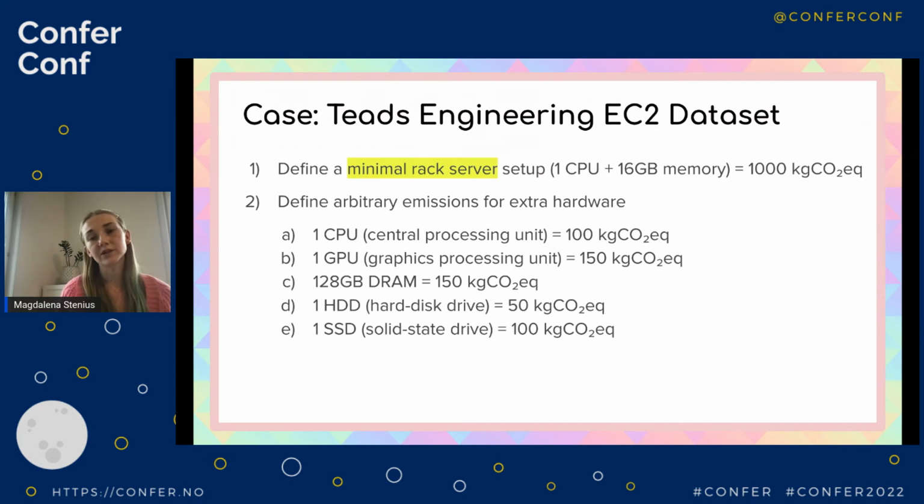From that minimal rack server, you start building up, depending a lot on which kind of hardware that specific instance type has. So there were some arbitrary emissions defined for extra hardware: CPUs, GPUs, dynamic random access memory, hard disk drives, and solid state drives.